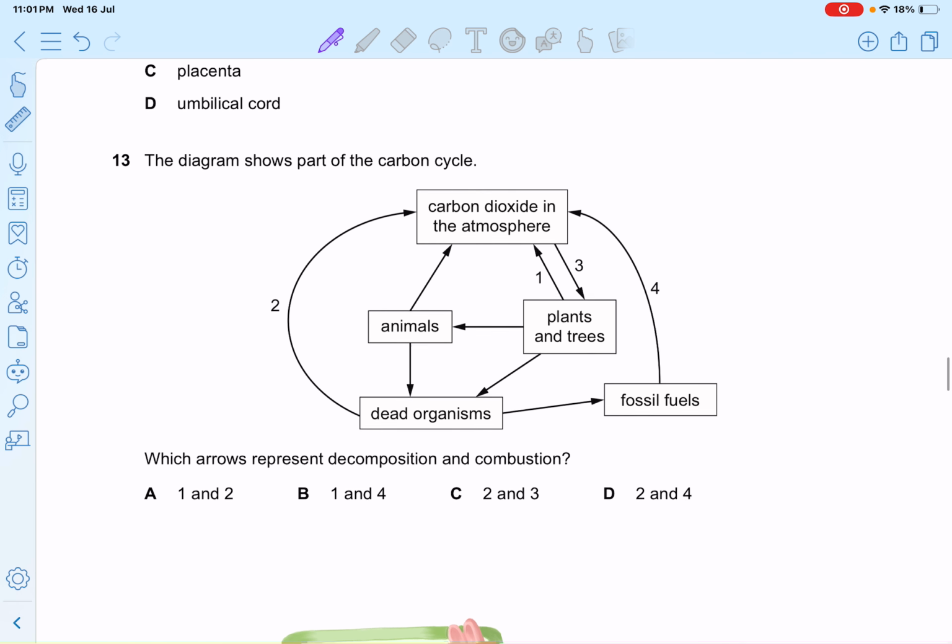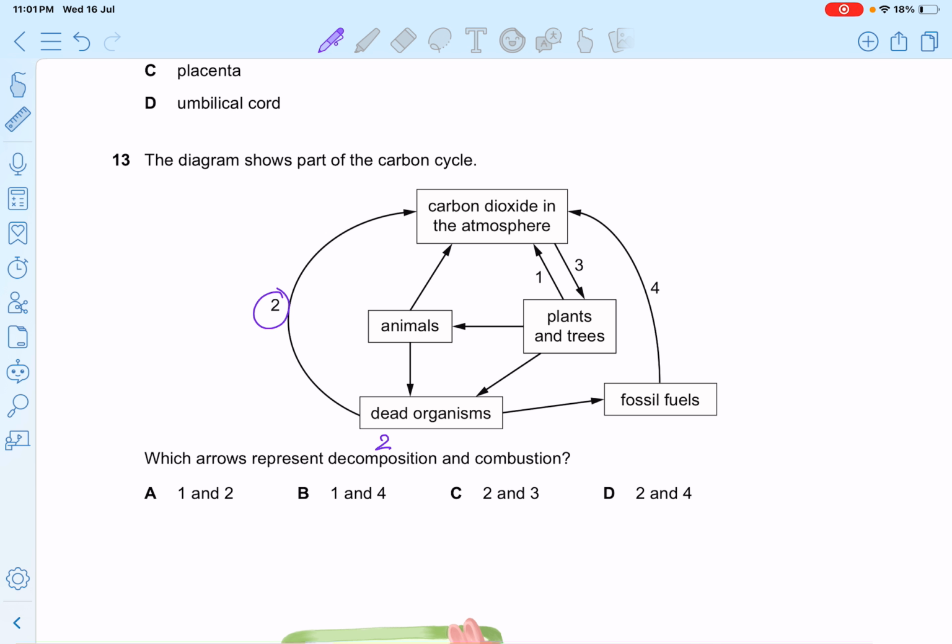Question 13. The diagram shows part of the carbon cycle. Which arrows represent decomposition and combustion? So when we revise it with each other, when we have the dead organism, we can find this number 2 to the air, which is decomposition.